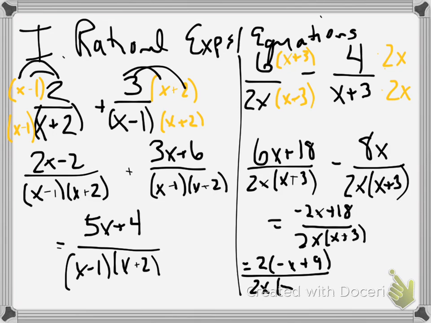Now, the 2's can get canceled, and I'm left with negative x plus 9 over x times the quantity x plus 3. You could redistribute that and make it x squared plus 3x, whatever you prefer doing, but I would take it in that form as well.